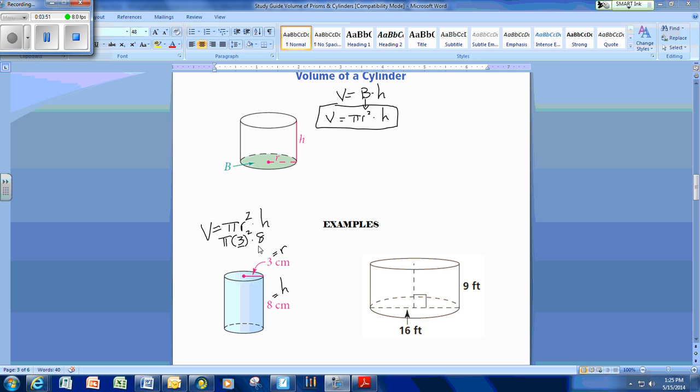First, I'm going to do my answer in terms of pi. 3 squared is 9 times 8 would be 72 pi centimeters cubed. Or we can actually calculate that, and if you do that, you get approximately 226.2 centimeters cubed.